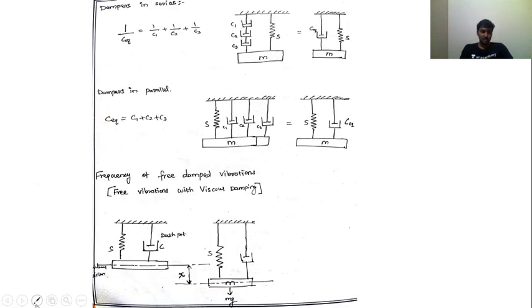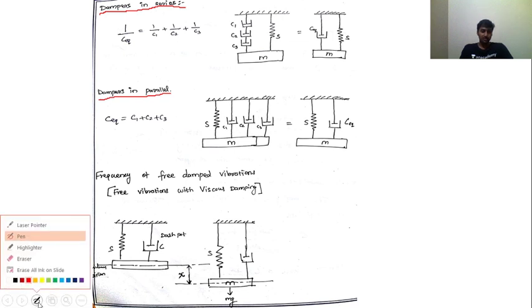Coming to dampers in series connection and dampers in parallel. The same thing we have discussed in the spring mass system, where we found the total equivalent spring stiffness.